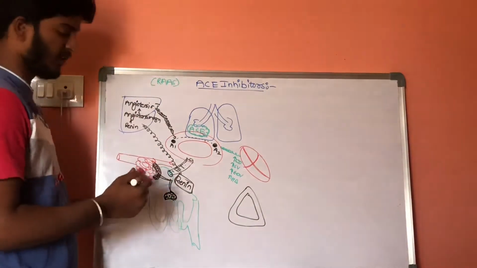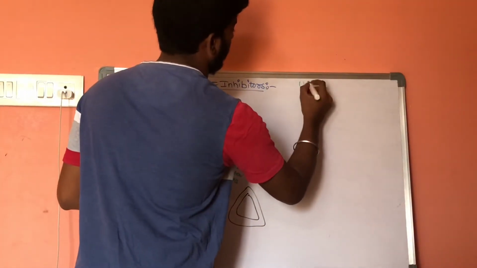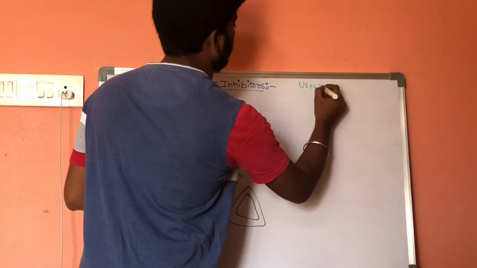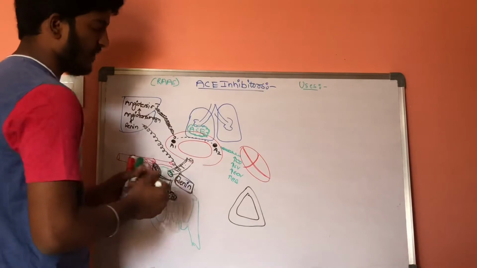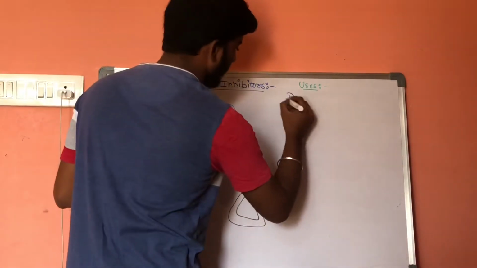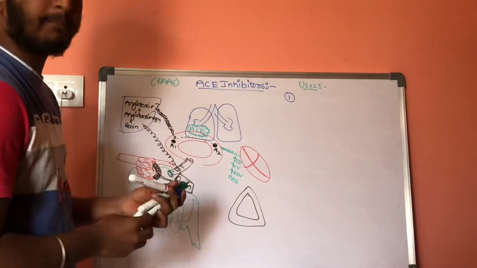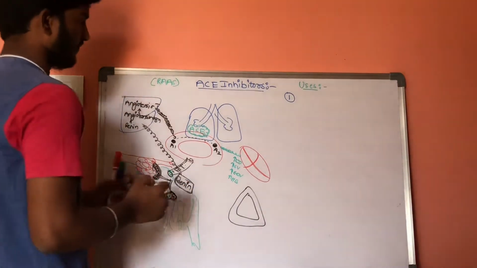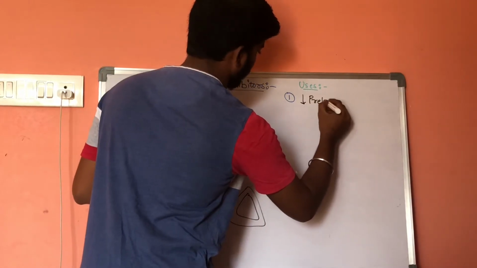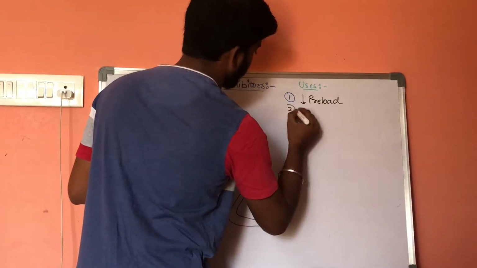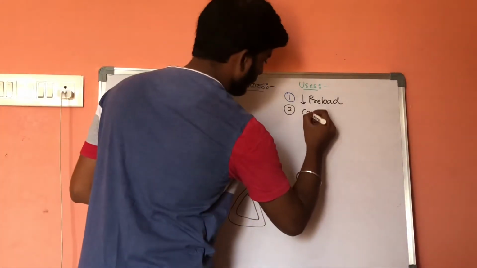If we discuss the uses of angiotensin converting enzyme inhibitors, first, it will decrease the preload, and it will decrease the cardiac remodeling.